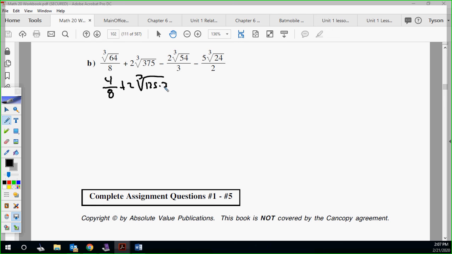And then I'm going to subtract. 54 has 27 goes into it. Minus 5, cube root 8 times 3, all over 2.